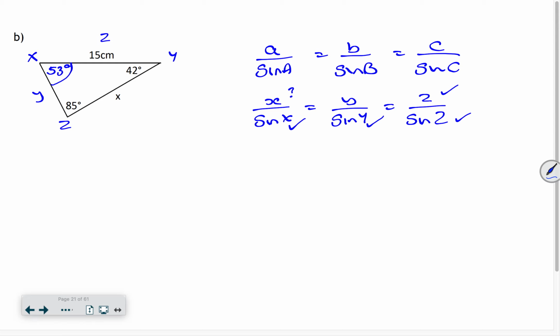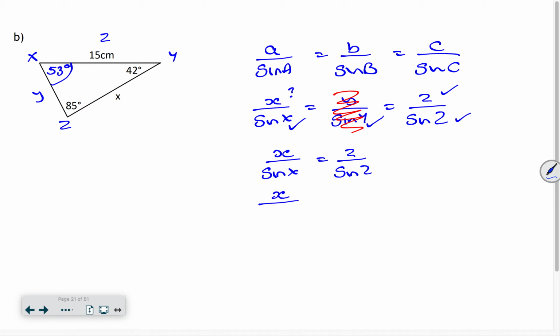So the sine rule works out. I have one full fraction and half of the fraction that I want, so I can just ignore the fraction that's no use to me. So it's going to be x over sine x is equal to z over sine z. Put those values in.